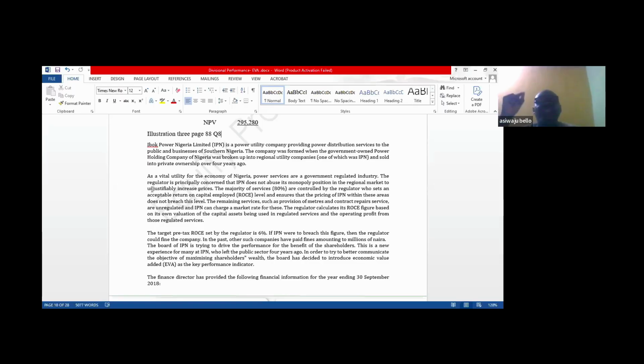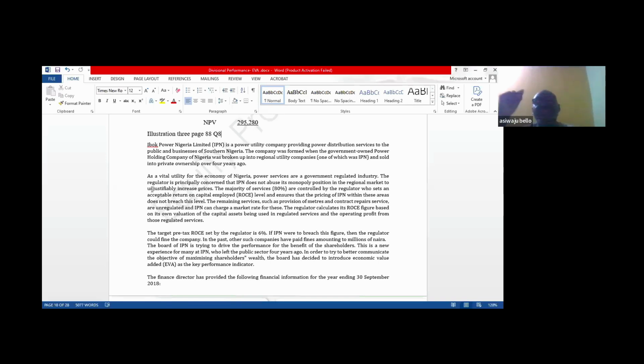The majority of the services, 80%, are controlled by the regulator, who sets an acceptable return on capital employed and ensures that the pricing of IPN within these areas does not breach this level.